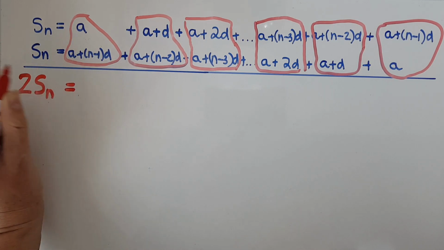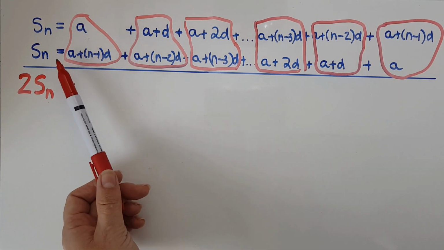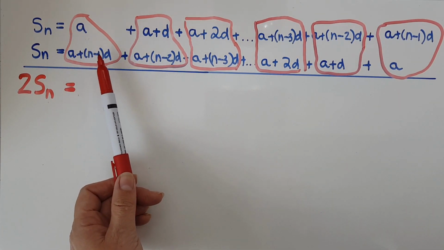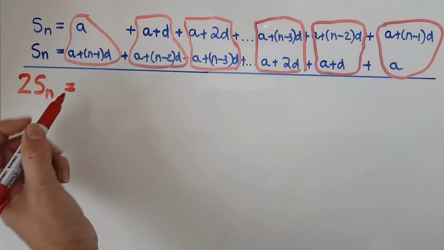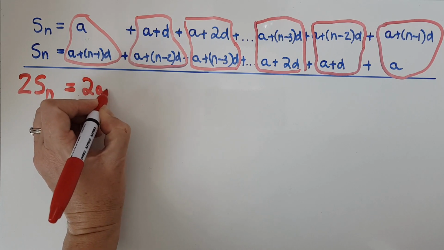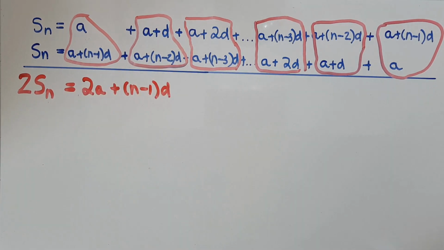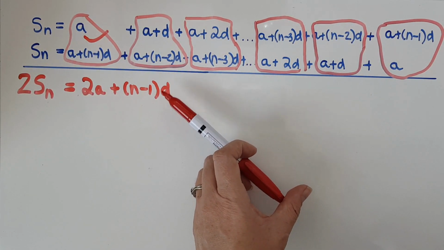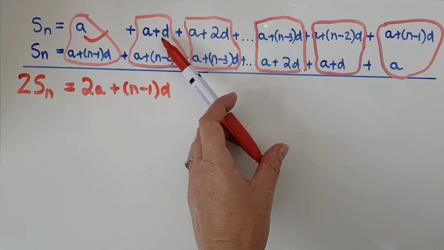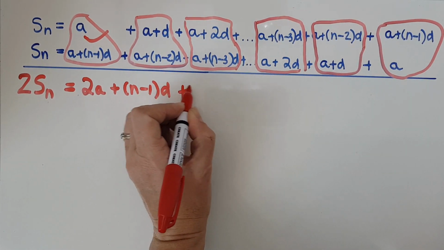Okay, now I can add up all of these. But what are they going to be? A plus n minus 1d, that's going to be, okay, 2a's, right? So it's going to be 2a plus n minus 1d. Right, so I've done that one. What's going to happen here? I'm now going to have a plus d plus a, so again 2a, right?